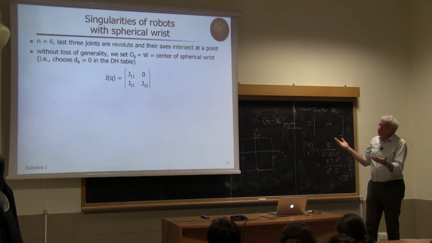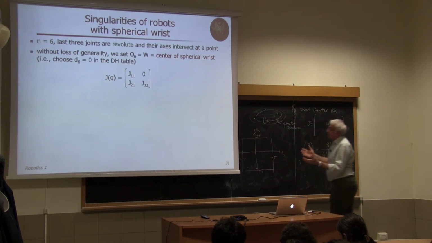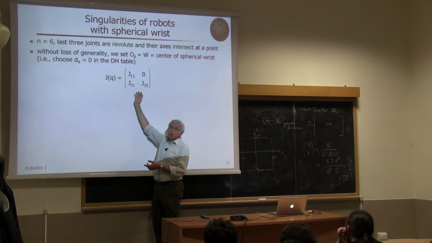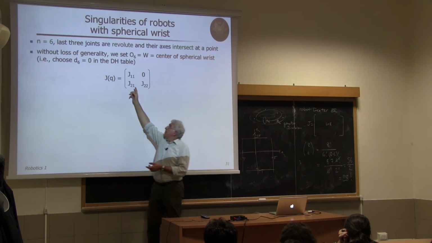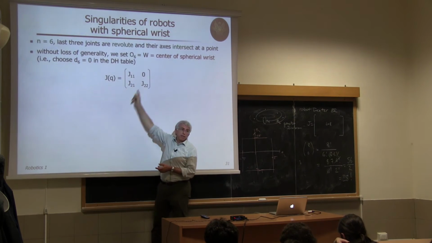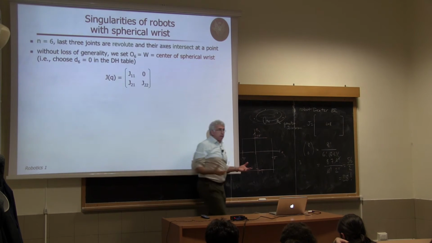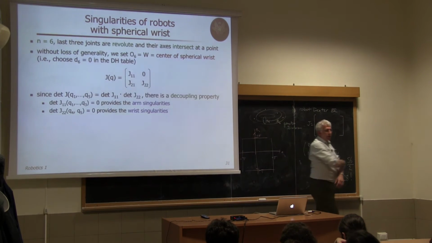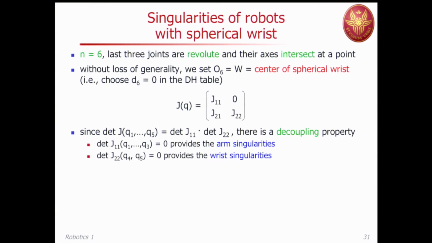Now in this 6 by 6 matrix with block triangular structure, the determinant will be 0 if and only if either this or this 3 by 3 matrix has determinant 0. So you have a partitioning of the potential singularities.